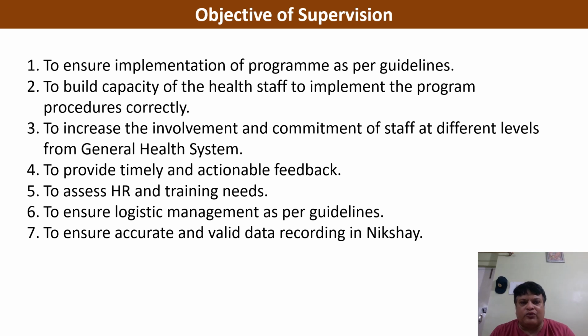What we try to do out of this objective of supervision is to ensure implementation of the program, build capacity of the health staff, increase involvement, provide timely and actionable feedback, assess HR and training needs, ensure logistics management, and ensure accurate and valid data recording.